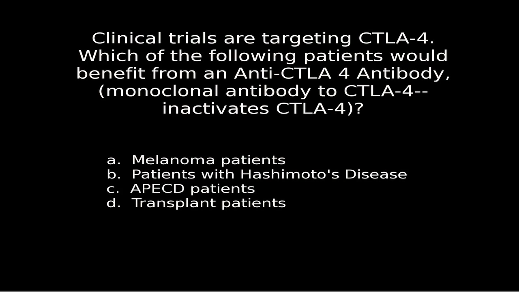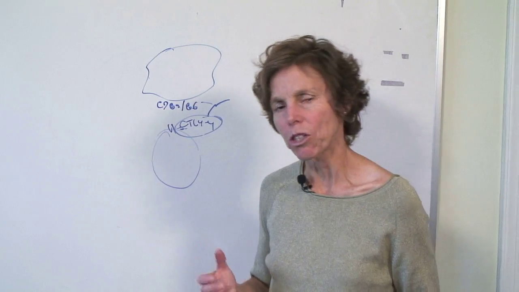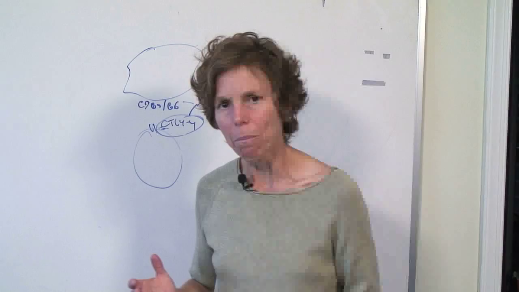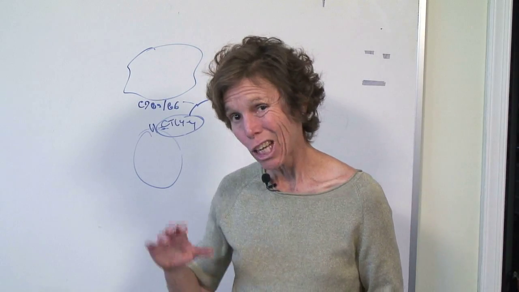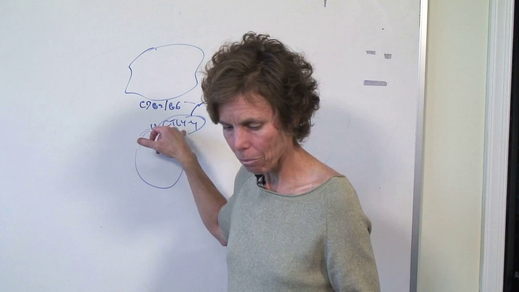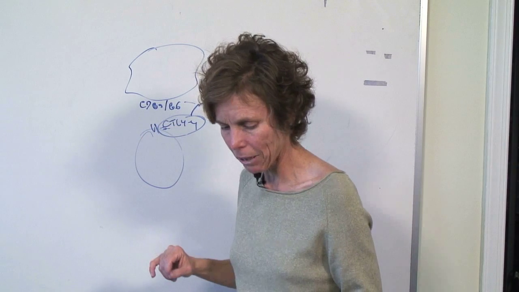C is APECED patients. I'm not going to even try to express what the acronym is, but essentially those patients get in that situation because of an autoimmune situation, as I recall, the AIRE protein. So you have a lot of endocrinopathies associated with that. Again, you don't want to turn this off. You want to increase the regulation by increasing that. So that's a bad answer.